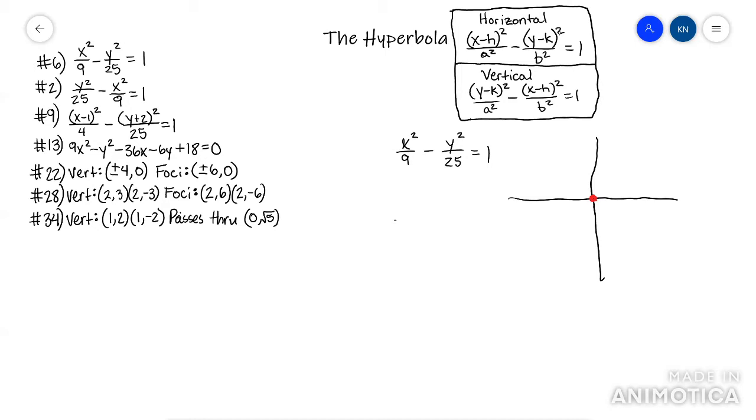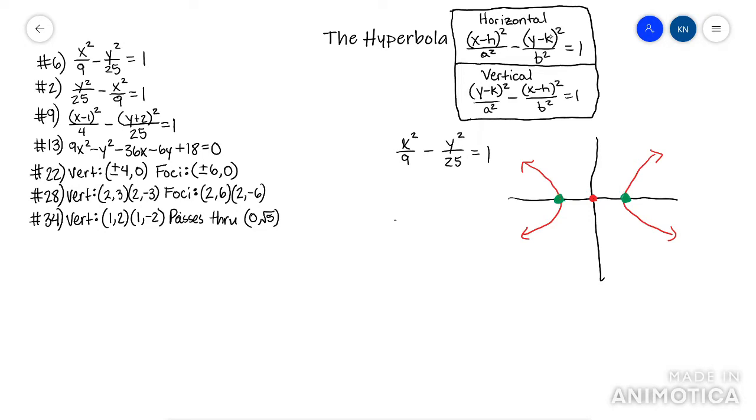And so basically what you have to do here is first find the vertices of the hyperbola. So you really need to find this green dot and this green dot, which means you need to know this distance and this distance.